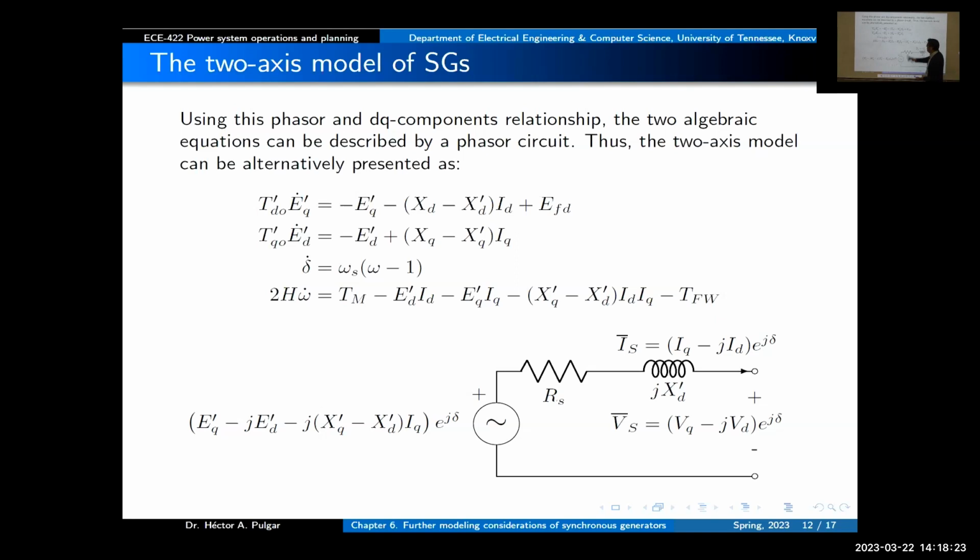I didn't talk about that. These are the two new equations we have for the flux linkages in the field winding and the IQ damper. So this is basically an equivalent of the voltage that we will apply to the field winding. So if you want to increase the voltage at the terminal of the machine, these variables need to go up.